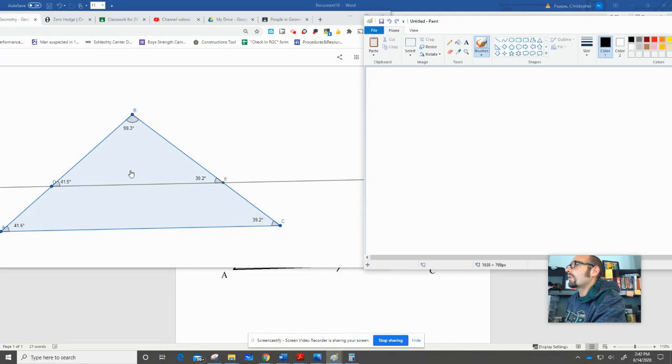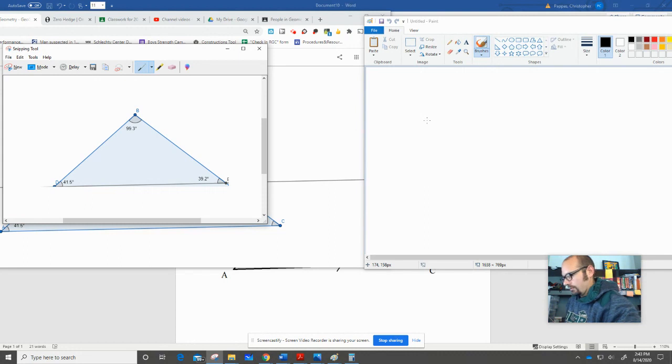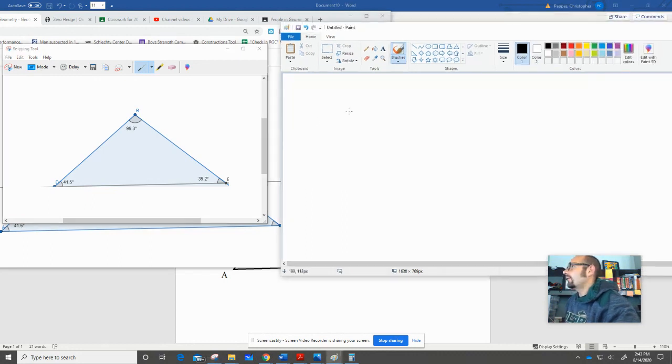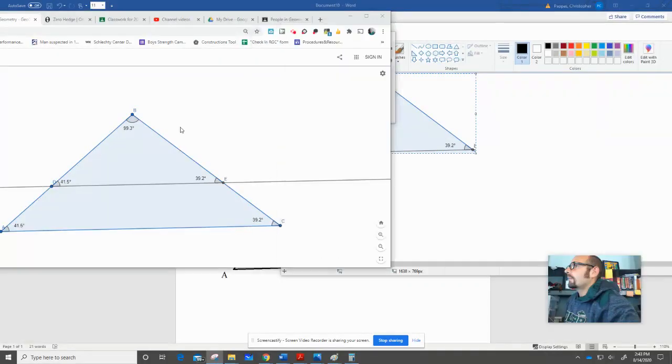We have this triangle BDE, which let's see if we can snip it. Copy it over to Paint. We also have this whole big triangle BAC.